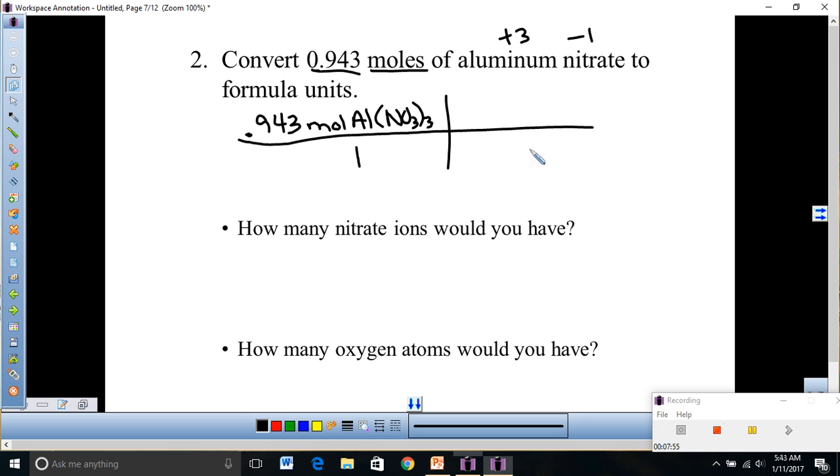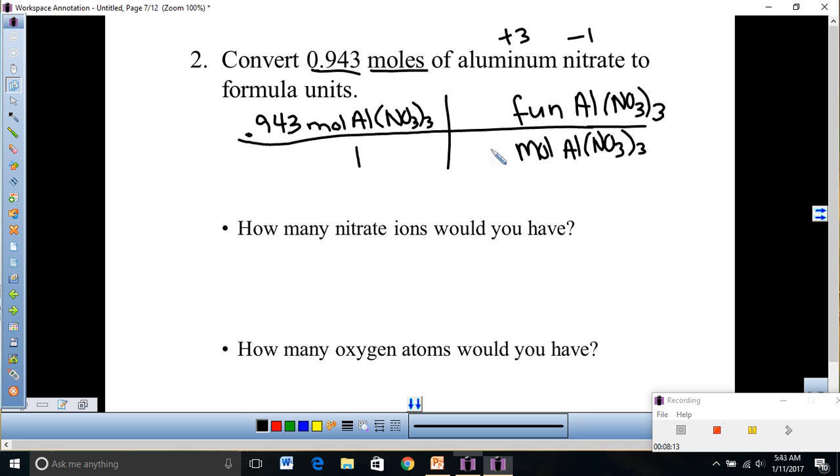Now I'm going to bring down mole, aluminum nitrate. And this time I'm looking for formula units. So those are fun. Aluminum nitrate. Notice that aluminum nitrate is going in 3 boxes.